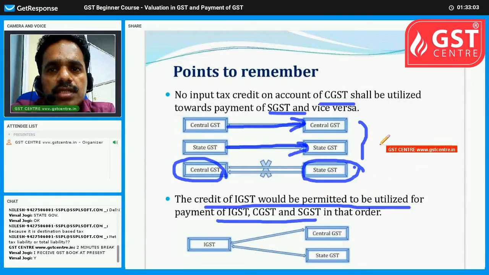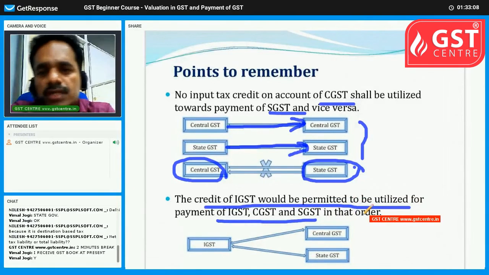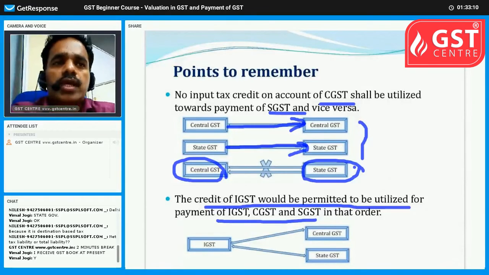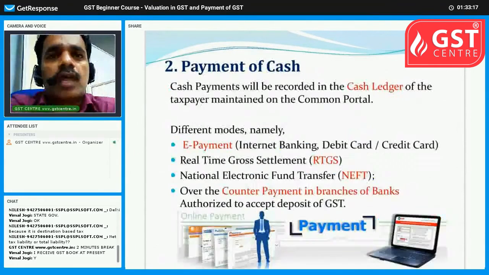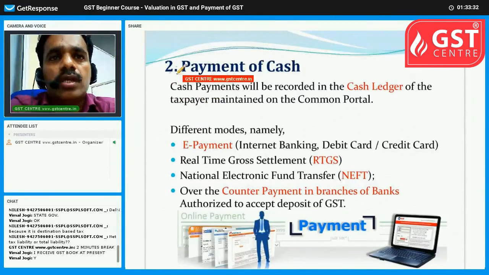Both CGST and SGST can be adjusted with the IGST, as well as IGST credit can be adjusted with the CGST or SGST. Suppose our total tax liability was 1 lakh. We had an input tax credit of 60,000. So we deducted that 60,000 from 1 lakh. The balance is 40,000, which we need to pay separately.